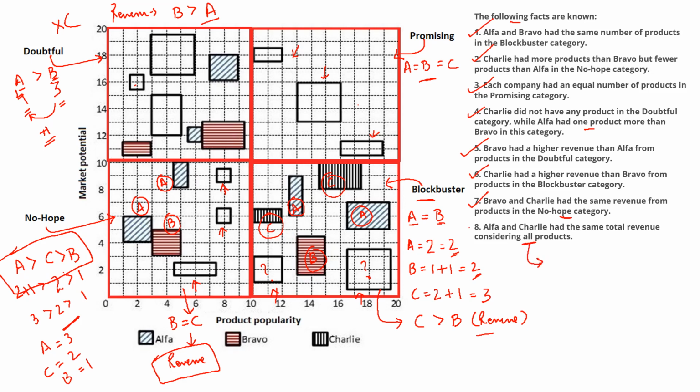So considering all products, Alpha's revenue should be equal to Charlie's. If we consider all 4 categories, then the revenue from company A and the revenue from company C products should be equal. So these are the 8 further pieces of information we have. So let us now tabulate this information properly and then look into the further deductions.